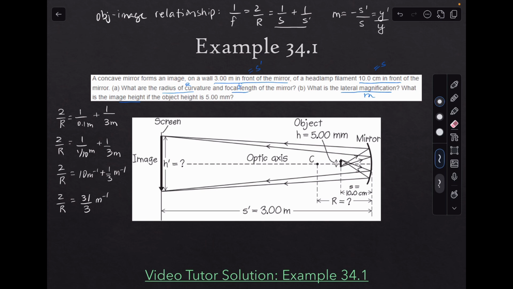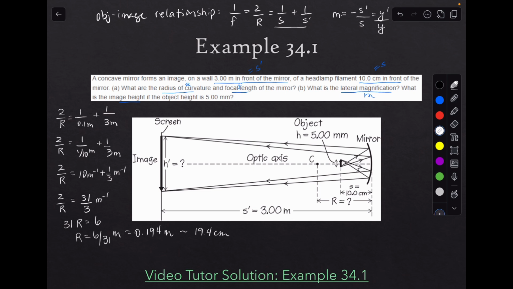We do a little bit of mental math here, and that becomes 31 R equals 6. R is going to equal 6 over 31 meters. 6 over 31 happens to be 0.194 meters, okay? In other words, 19.4 centimeters.